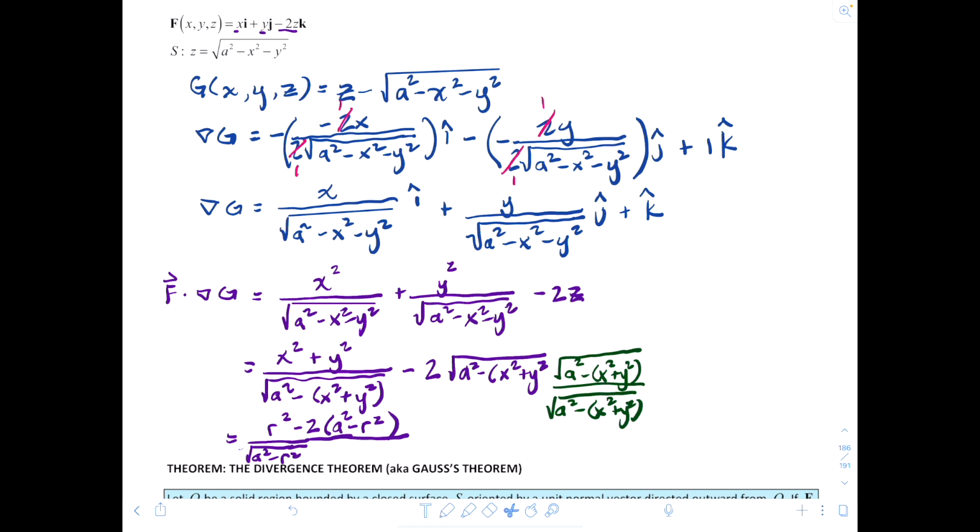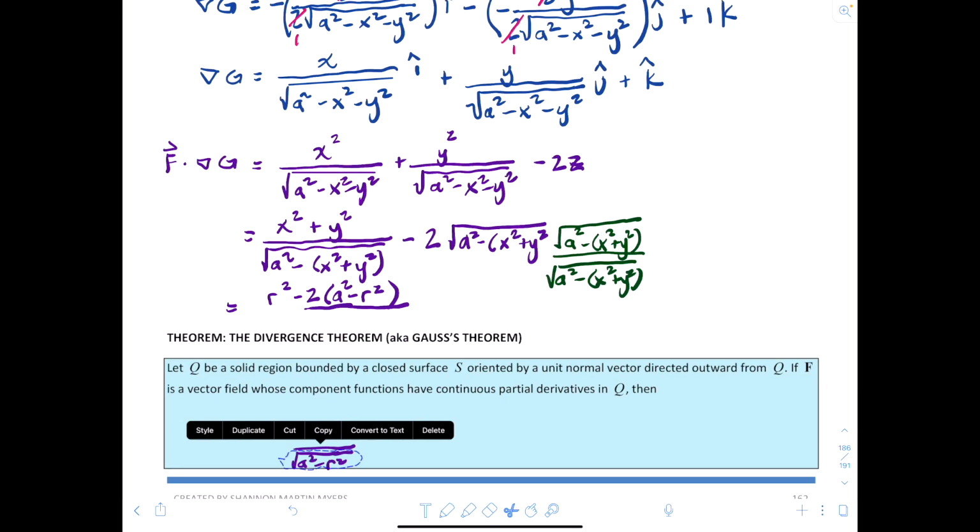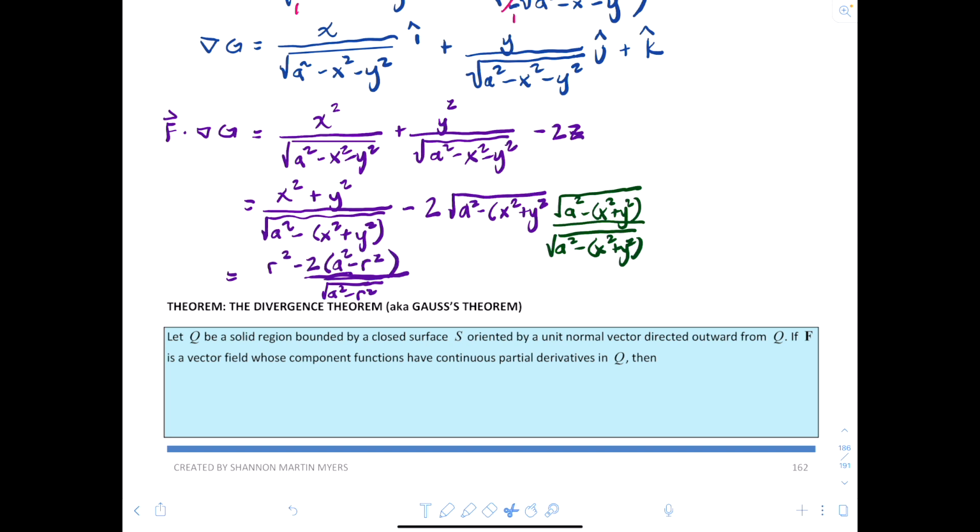So this is the common denominator for the whole deal there. Okay, so then that will give us r squared plus 2r squared, which is 3r squared, and then minus 2a squared, good, over the square root of a squared minus r squared.